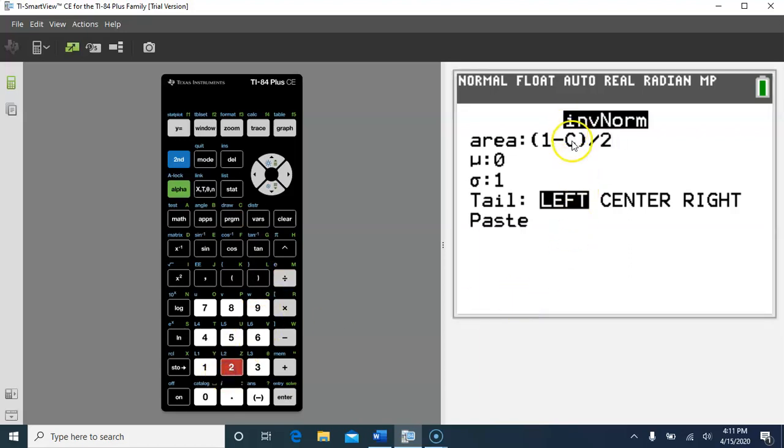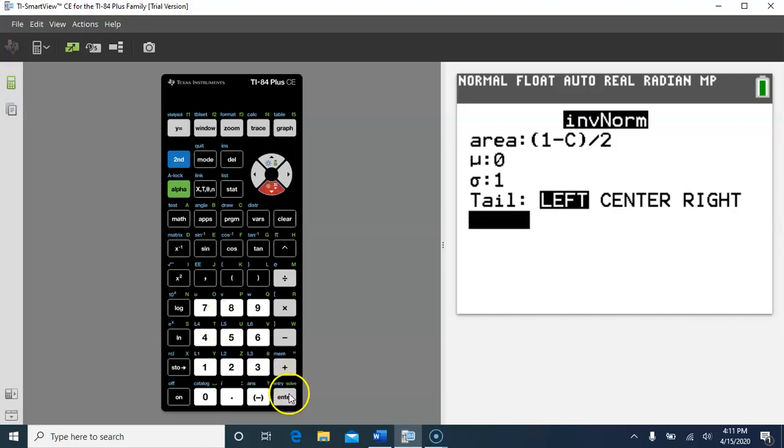So if they entered a C of 95%, 1 minus 95% will be 5%, and 5% divided by 2 will be 2.5%. So we want that, and we're going to leave the tail. This doesn't show up on all calculators, but we'll leave the tail as left, and we're going to paste that.